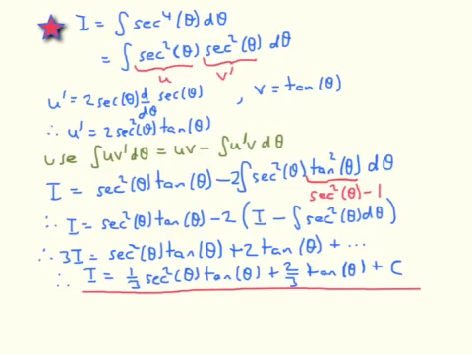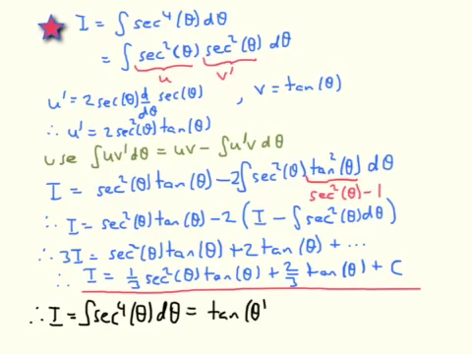So we're going to get that our integral, the integral of sec to the fourth of theta with respect to theta, is going to be the tangent of theta. That's the 1/3 plus the 2/3.